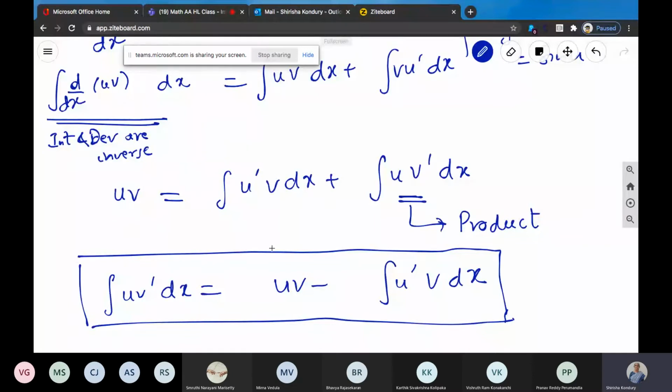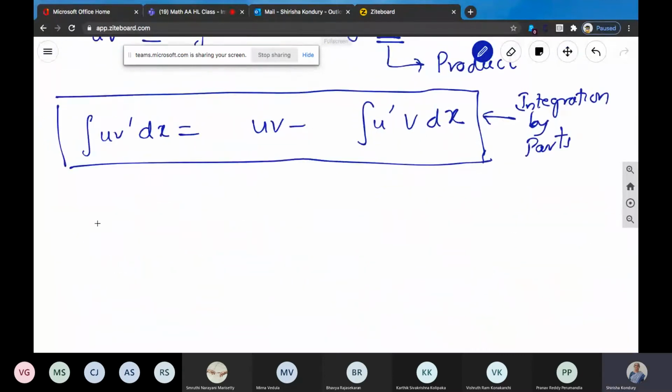This is my expression for integration by parts. Let me start with some examples.